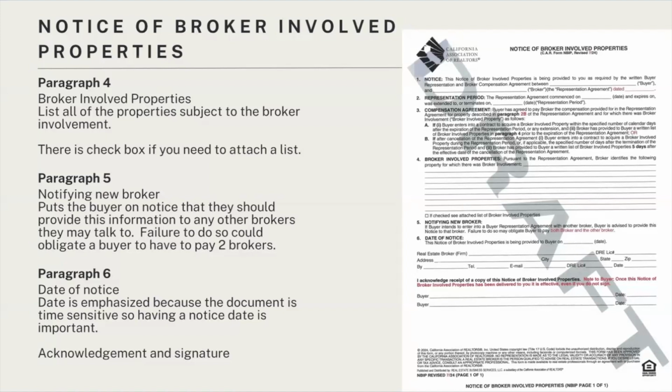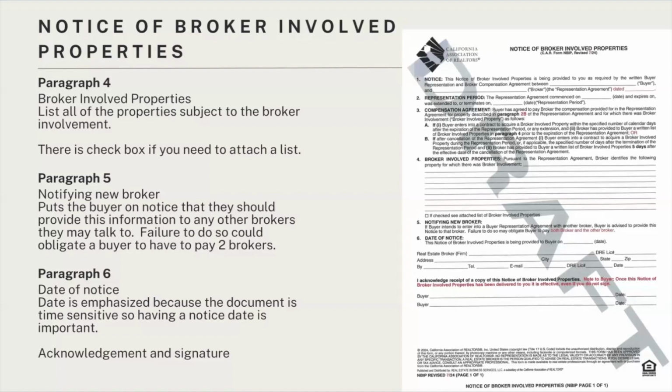Paragraph 5, again, notifying the new broker puts the buyer on notice. They should provide this information to any other brokers. I'd recommend that they provide the document to them so that the other broker is put on notice that, hey, if you get involved in any of these other properties, there's an obligation. Failure to do so could obligate the buyer to having to pay 2 brokers. Just like on a listing agreement.